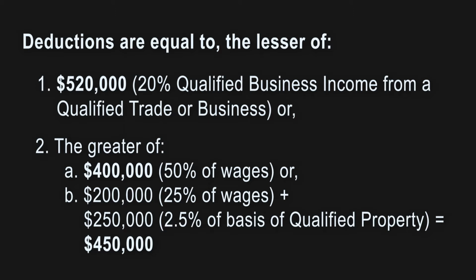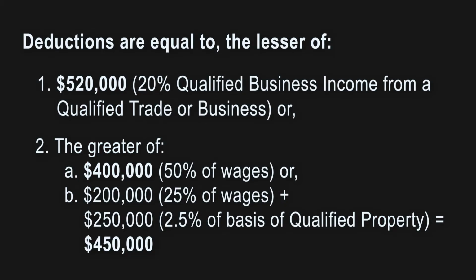So 25% of the wages is $800,000 times 25% is $200,000, plus $10 million of qualifying basis times 2.5% is $250,000. So $200,000 plus $250,000 is $450,000.